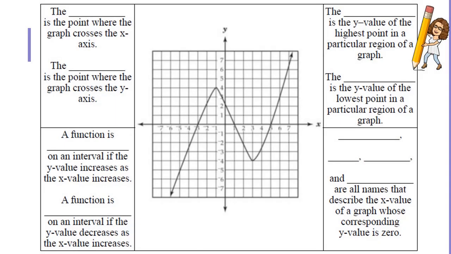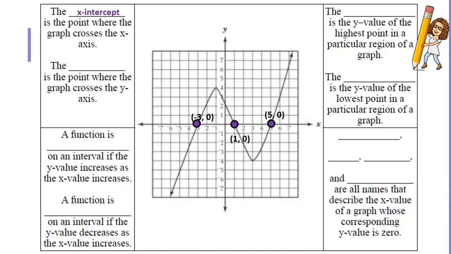So in the inside of my foldable, we're going to talk about some of the information. First of all, we're going to talk about x-intercepts. An x-intercept you have met before. That is the point where the graph crosses the x-axis, aka the horizontal axis, right? So on my graph that I have in the middle there, I have x-intercepts at (-3, 0), (1, 0), and (5, 0).